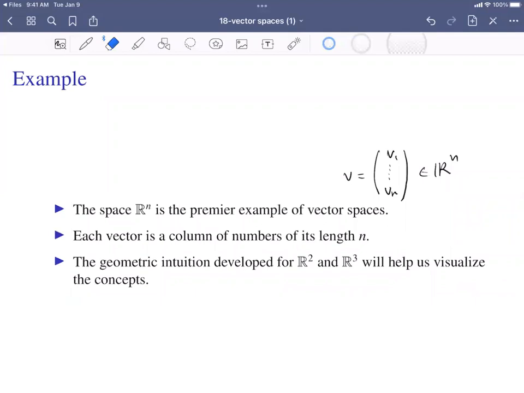Now, we can extend the previous example as follows. The space Rn is a typical example of a vector space. We call this the n-dimensional vector space. Each element of Rn has the form (v1, v2, ..., vn) listed in a column. As we have seen in the previous lectures, there is geometric intuition for those vectors.